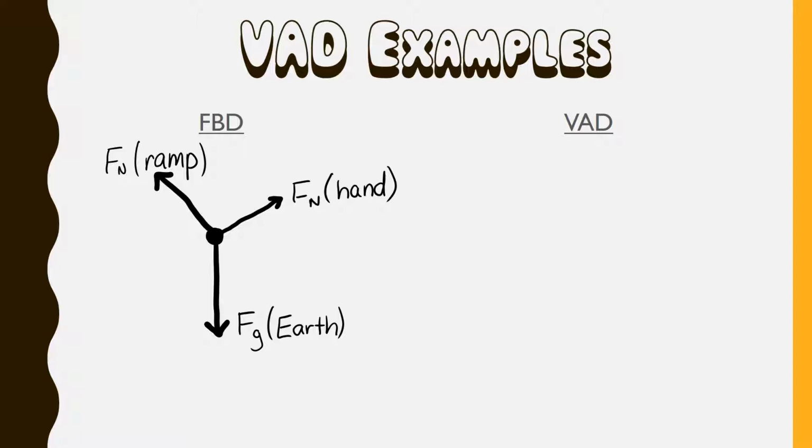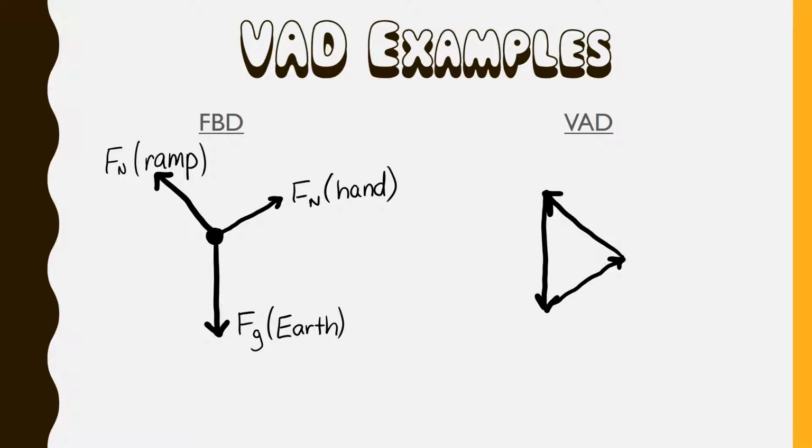One last example of these diagrams. This is one, once again, similar to what we saw in class, where I have three arrows, and we learned and discussed in class that this should be a balanced free body diagram. So let's see what the vector addition diagram looks like. I have my downward arrow here. I have an upward arrow there, and then an upward arrow here.